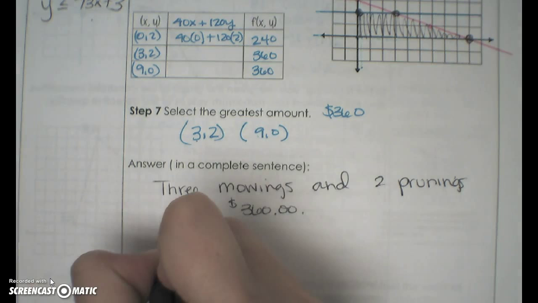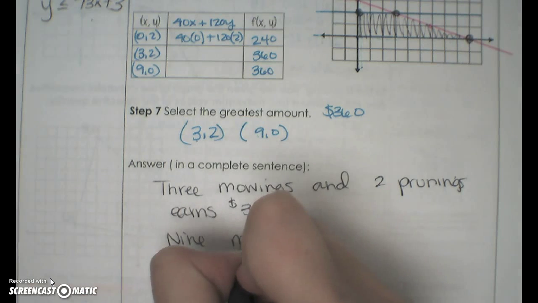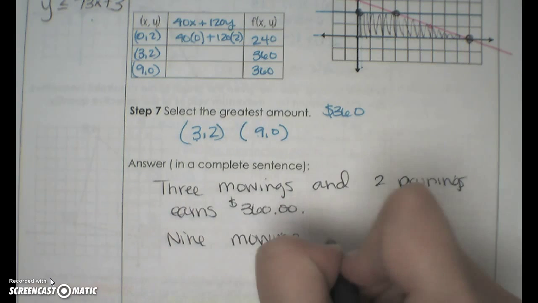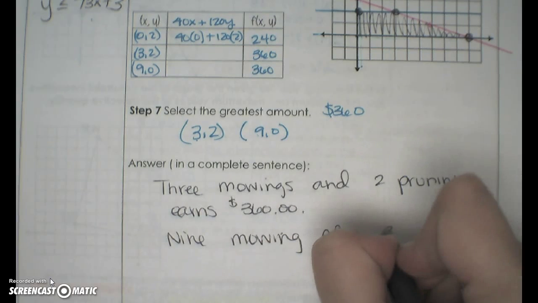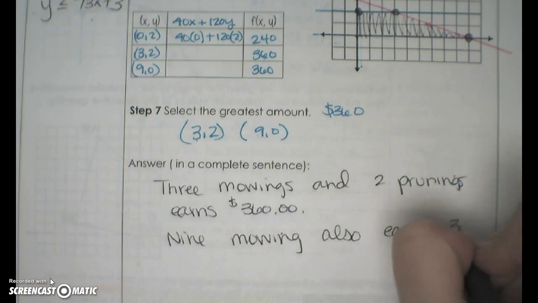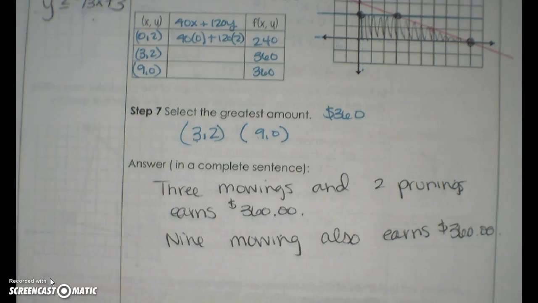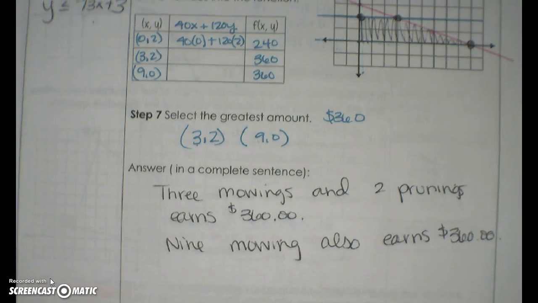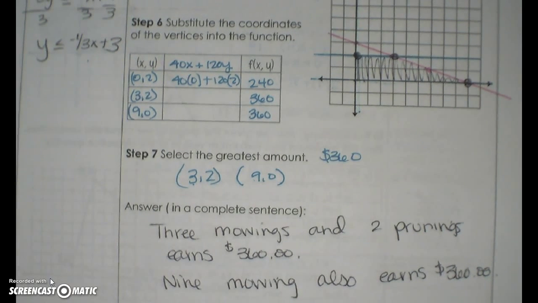And 9 mowings also earns $360. And you could add in there that there were no prunings on that one, but those 2 are going to be your maximum profit.